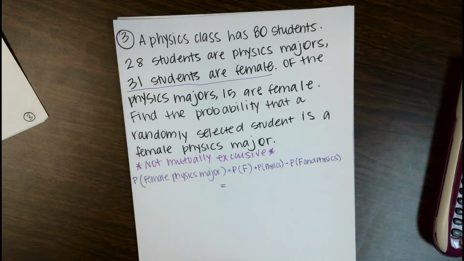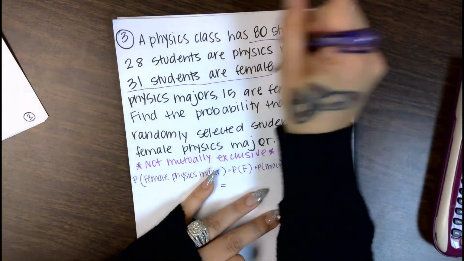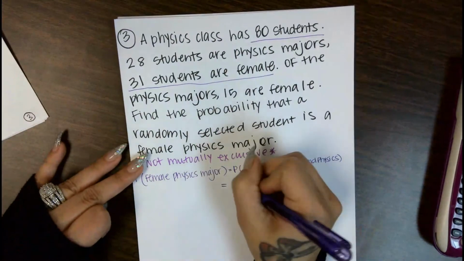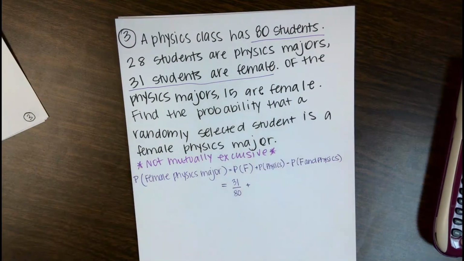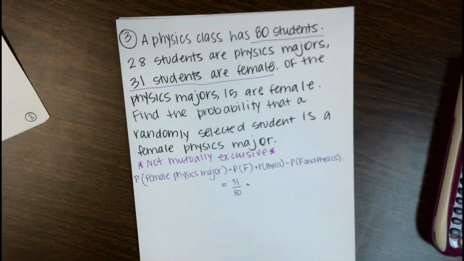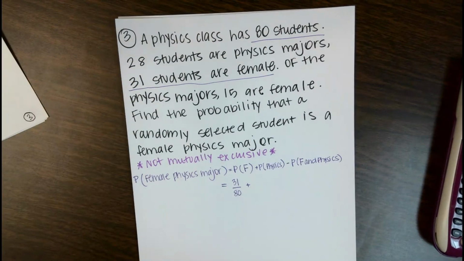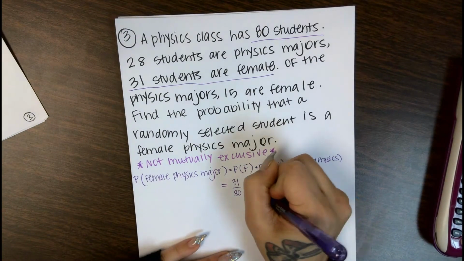And it's out of the total number of students, which is how many? 80. So I have 31 over 80, and then I'm going to add to that. Okay, that's just the female. Now I add to that the probability that they're physics majors. How many physics majors are there? There's 28 out of 80 students.